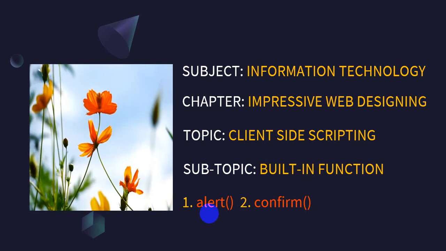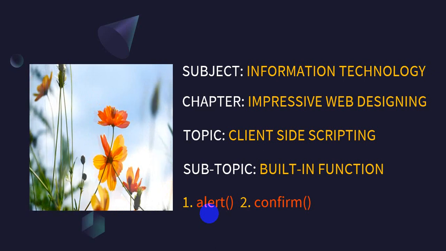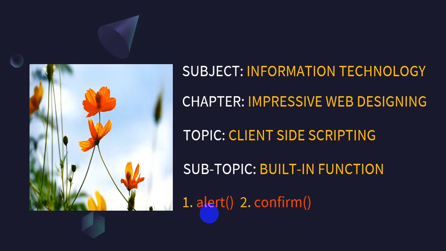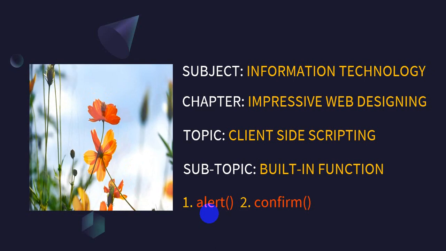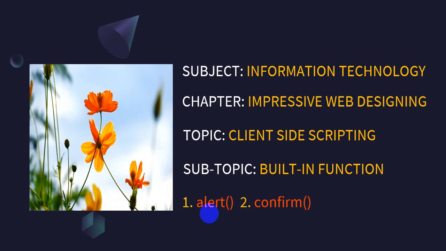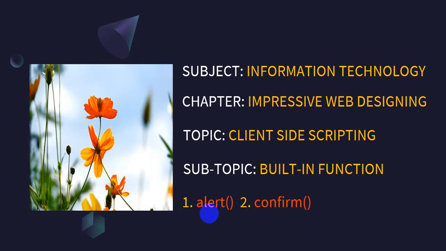For example, when you provide an application to your user, in that application you have a form. In that form you have to enter the contact number of a particular person, but by mistake or intentionally the user enters characters instead of a number. As we know, a mobile number or contact number must be numeric.